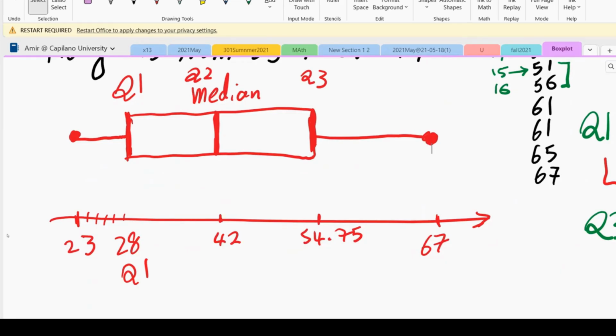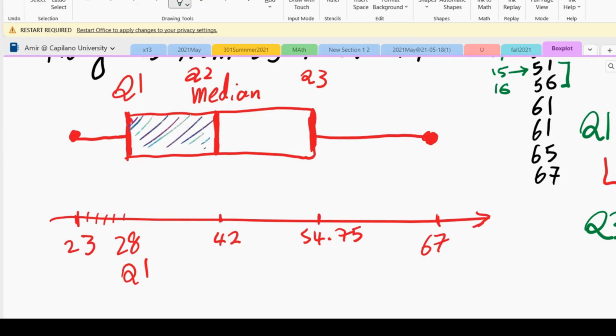And the most important thing, you know that economists are very interested in this question. Where is the middle class? The middle 50% of people. Okay, let's think about it. These are the 25% that are less than the median.